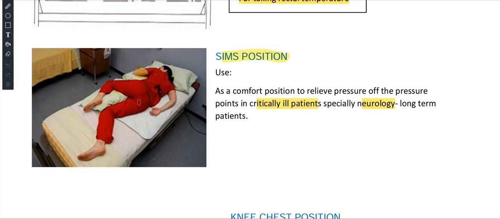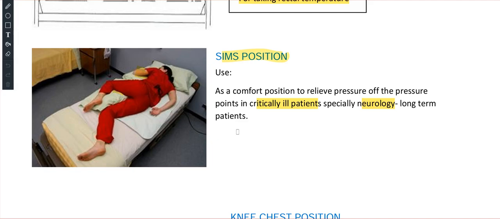So pressure is relieved from the scapula, from these bones, and from these sides. This is helpful in preventing the occurrence of decubitus ulcers or pressure ulcers.